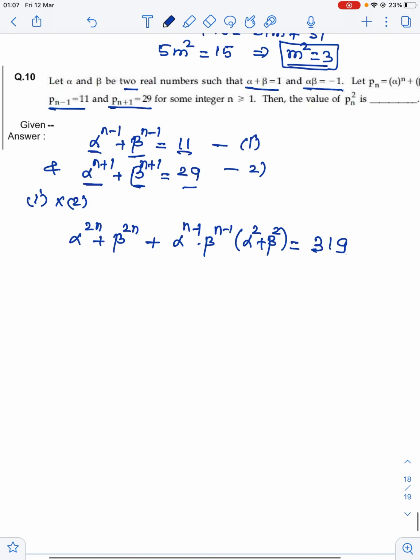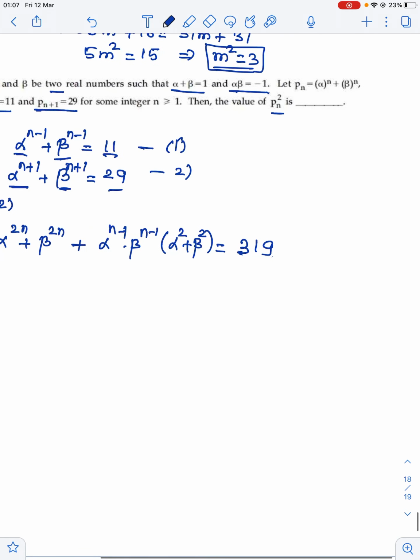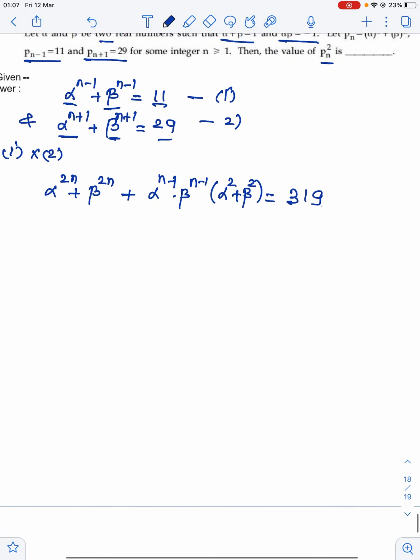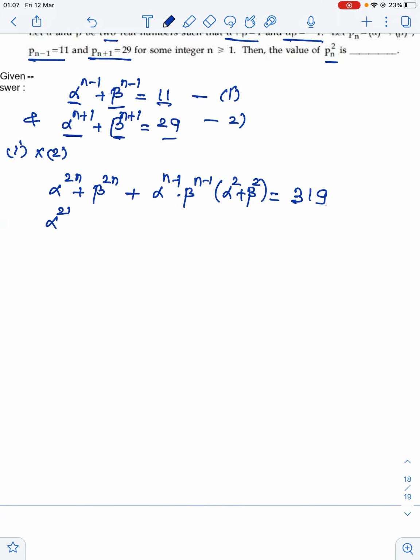But we want Pn square, that means alpha to the power 2n plus beta to the power 2n plus 2 alpha beta to the power n. So let us simplify the second part first. This is alpha beta to the power n minus 1. Now alpha square plus beta square can be written as alpha plus beta whole square minus 2 alpha beta, and the product is equal to 319.